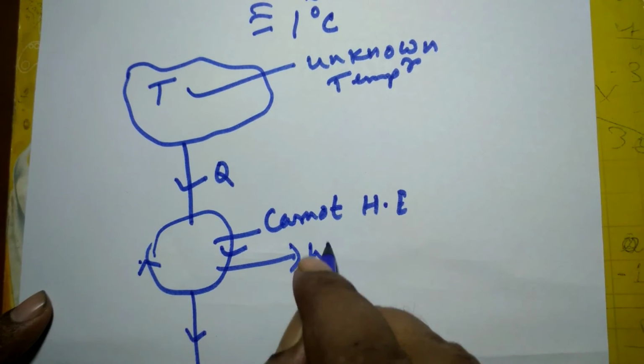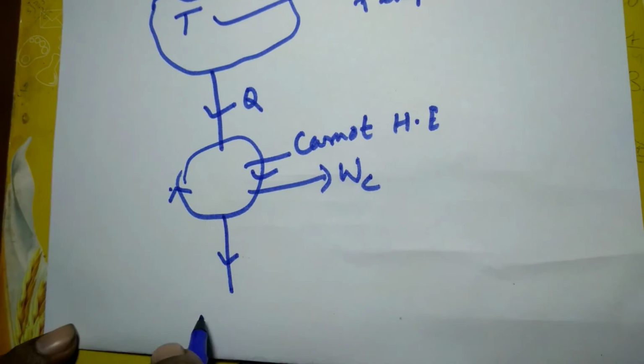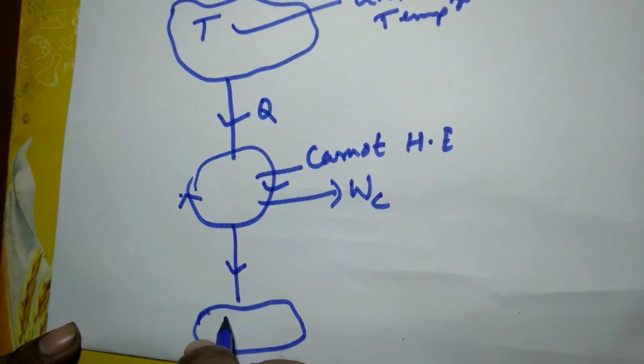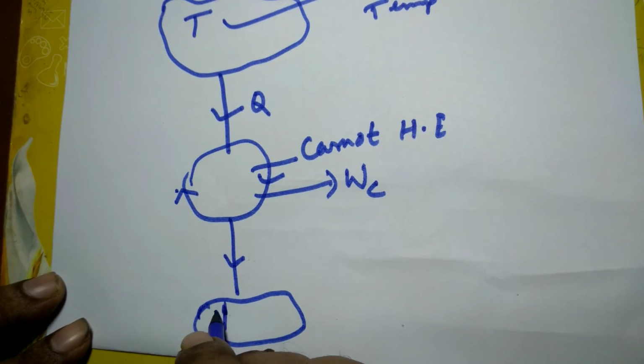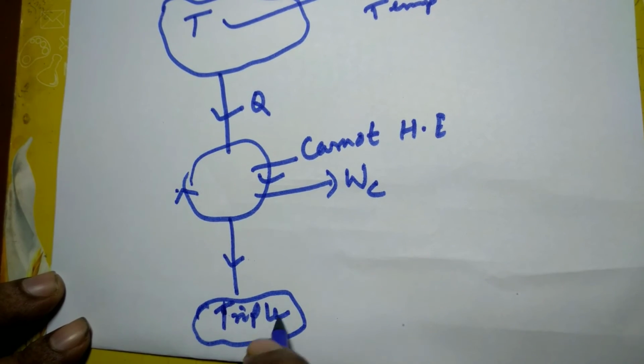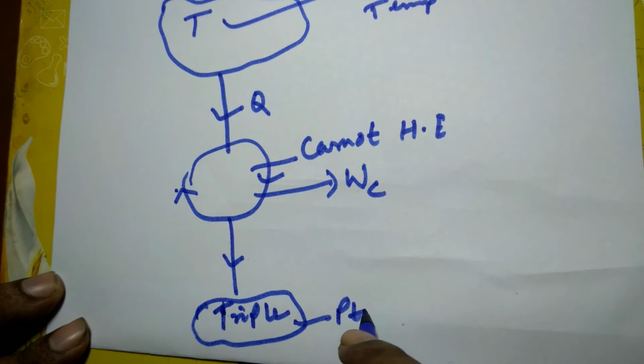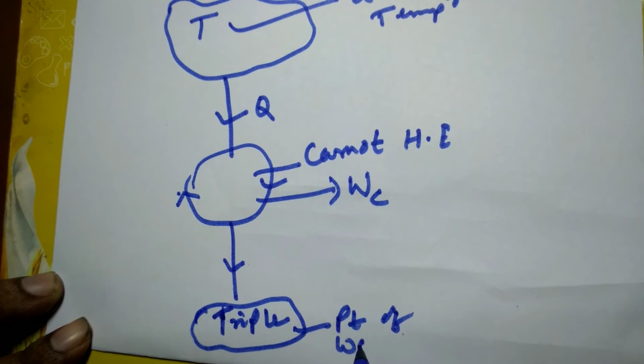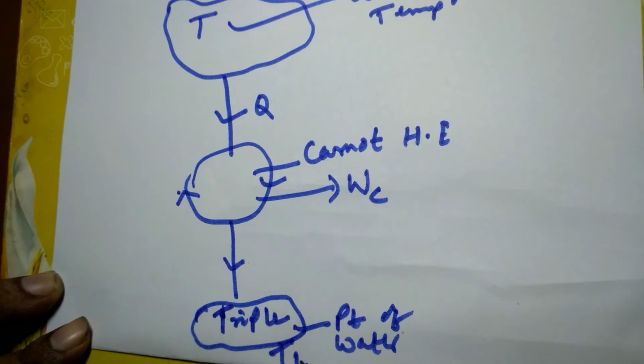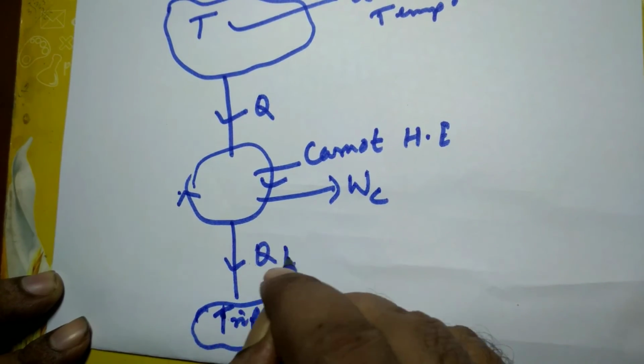This is the work produced by the Carnot heat engine, and this is triple point of water or Tt, and this is suppose Qt.